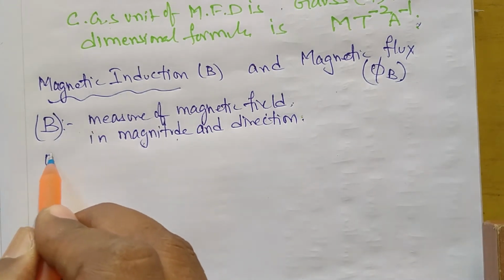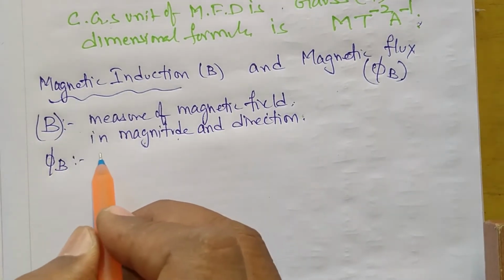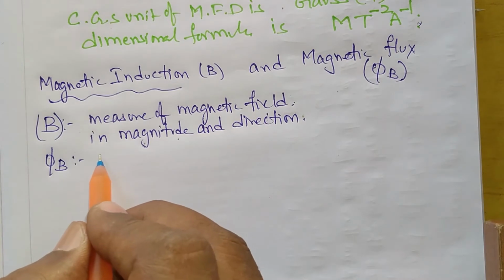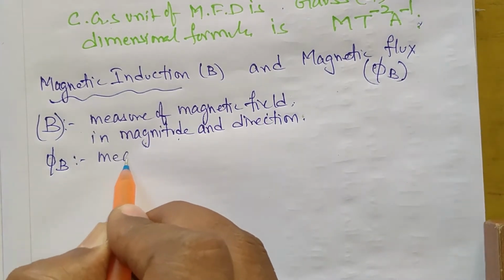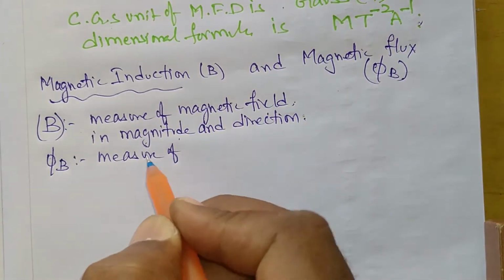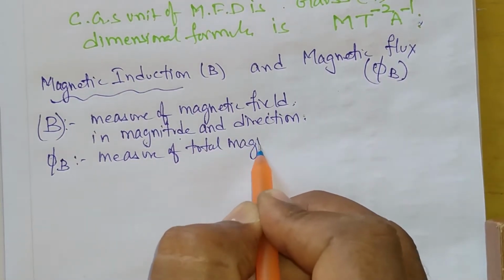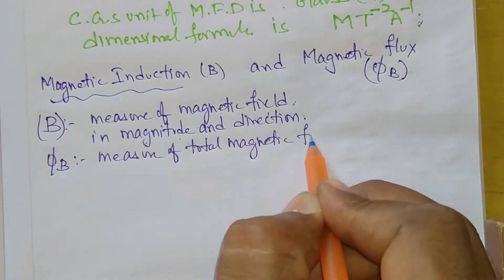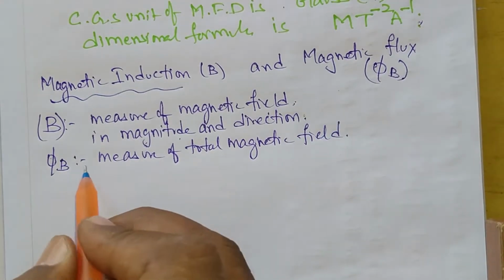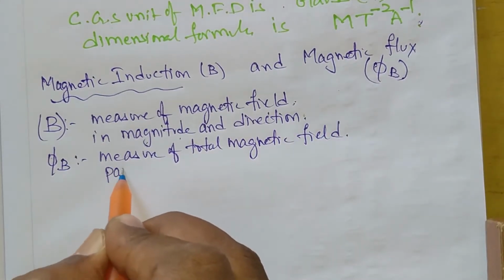Whereas, what is magnetic flux? It is the measure of the total magnetic field passing through a given area.